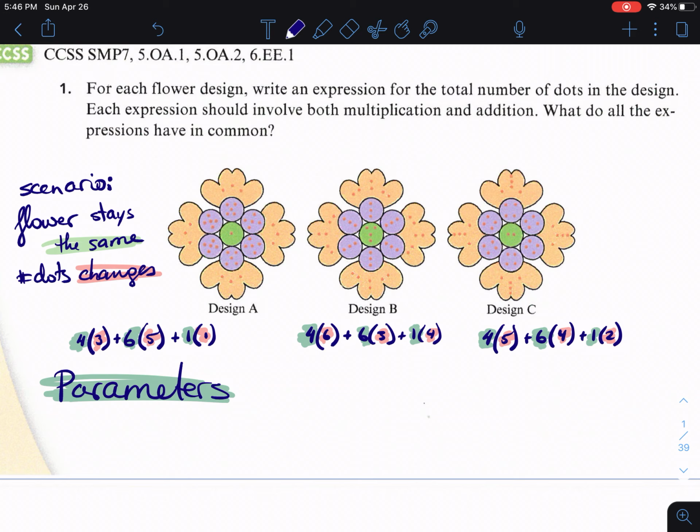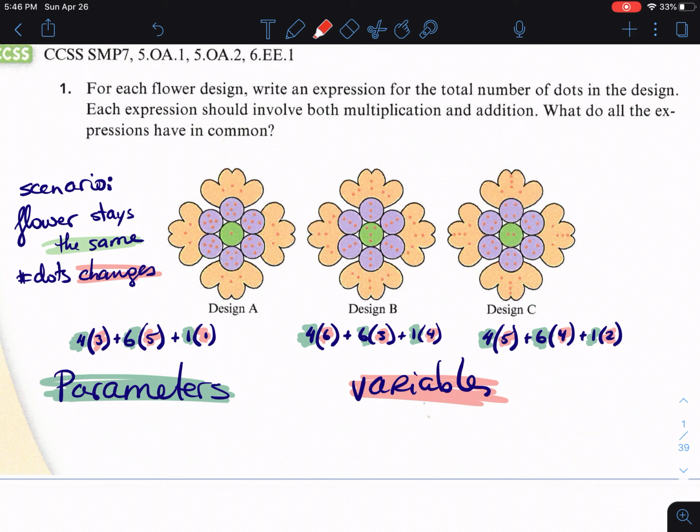If it was a different looking flower, they would be different. But for this particular scenario, the parameters, or the numbers 4, 6, and 1, are going to stay the same. The variables are the dots, and those are going to change from one design to another because the way the dots are distributed is what's changing here.